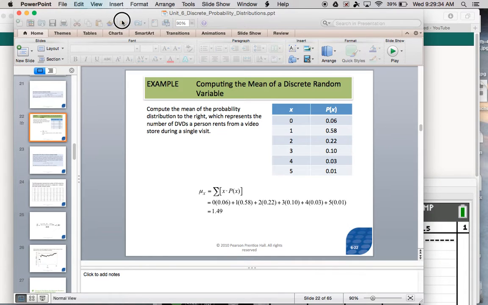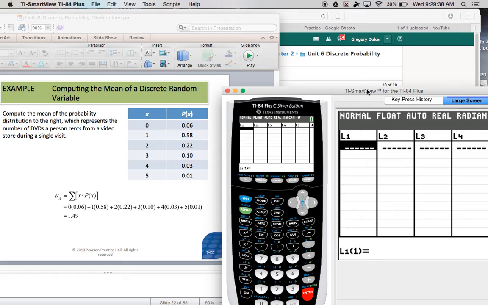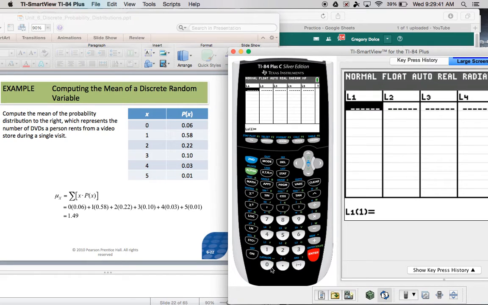Let me see if I can move this over just so I can see it a little bit clearer. Okay, so 0, 1, 2, 3, 4, and 5. I'm going to slide over to the second list and put the probabilities.